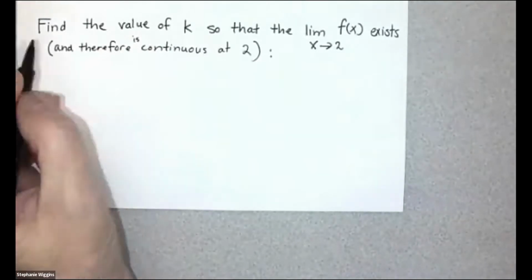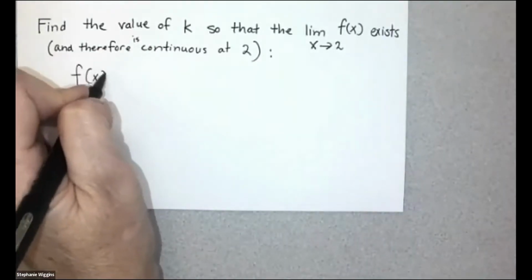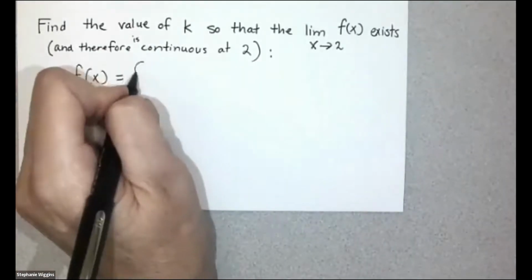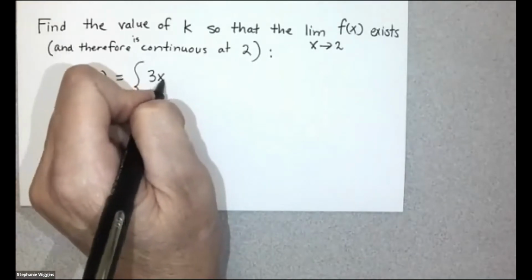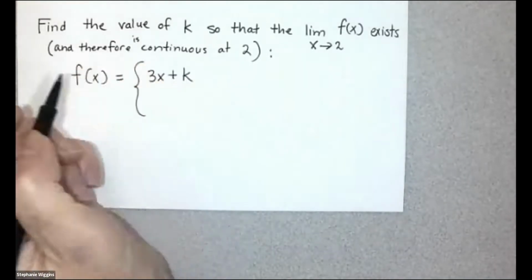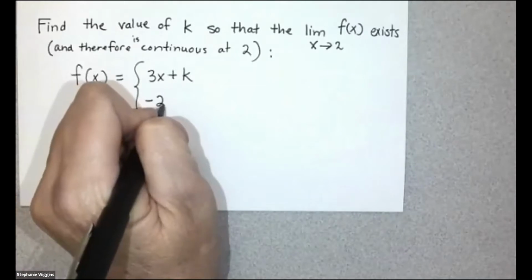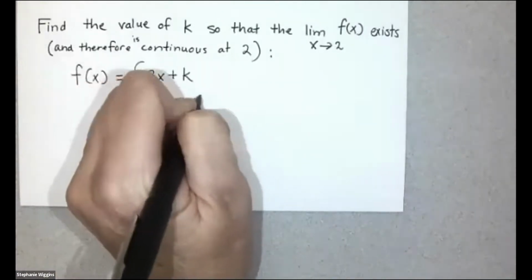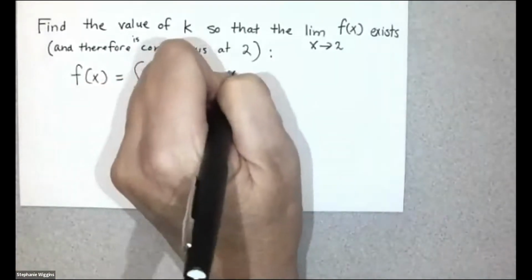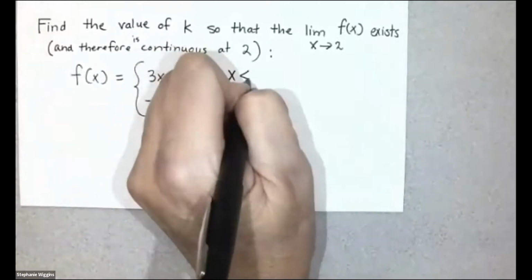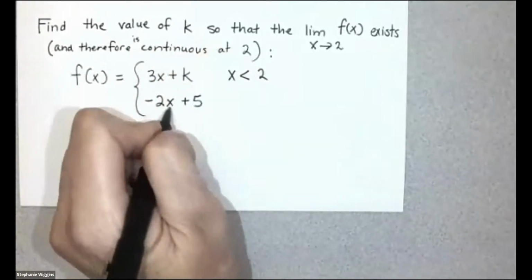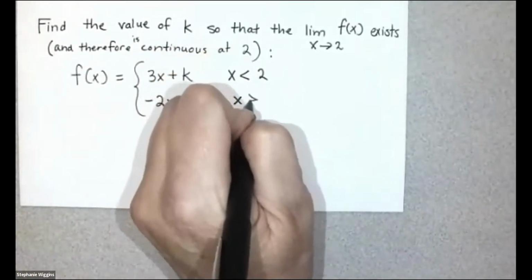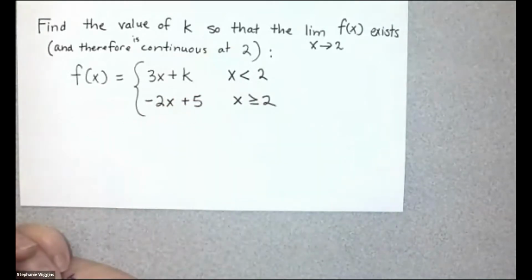And the function that I'm talking about here is f of x equals 3x plus k, minus 2 times x plus 5. And it's this function when x is less than 2. And it's this function when x is greater than or equal to 2.